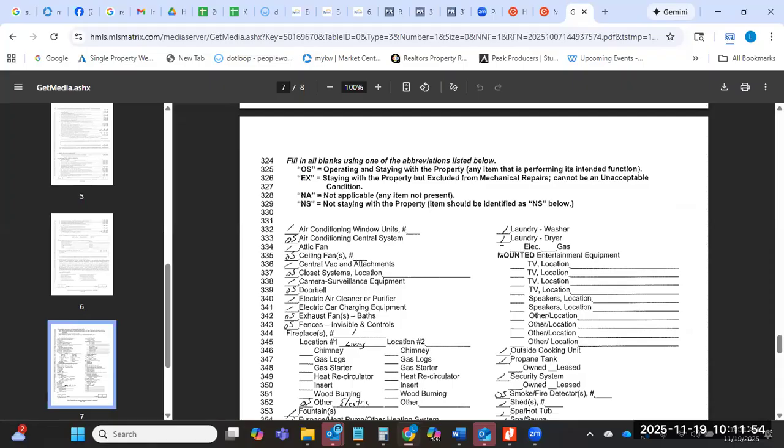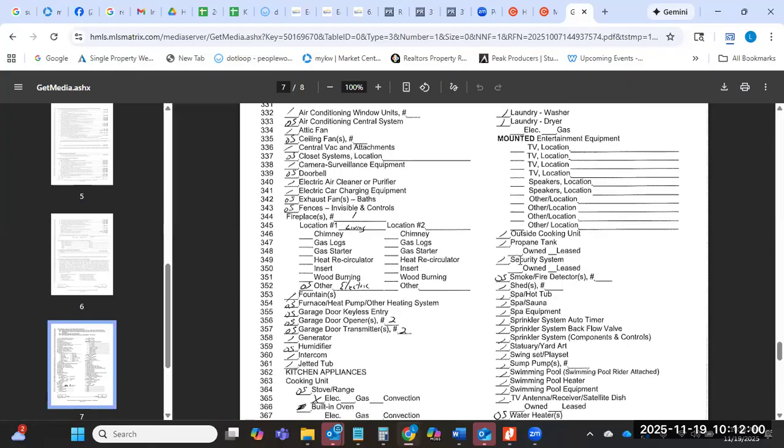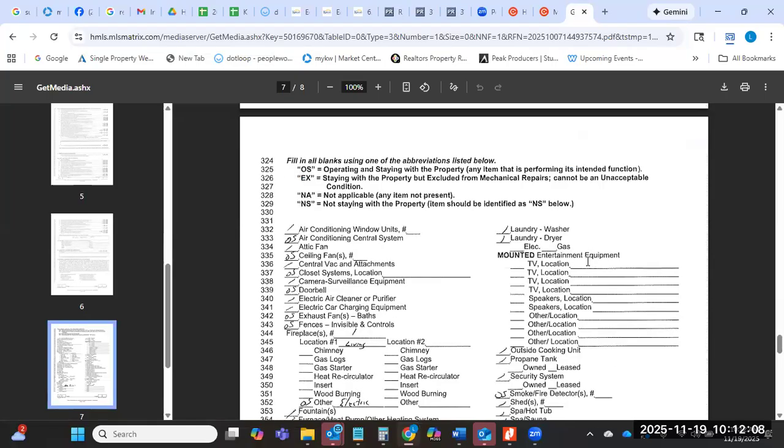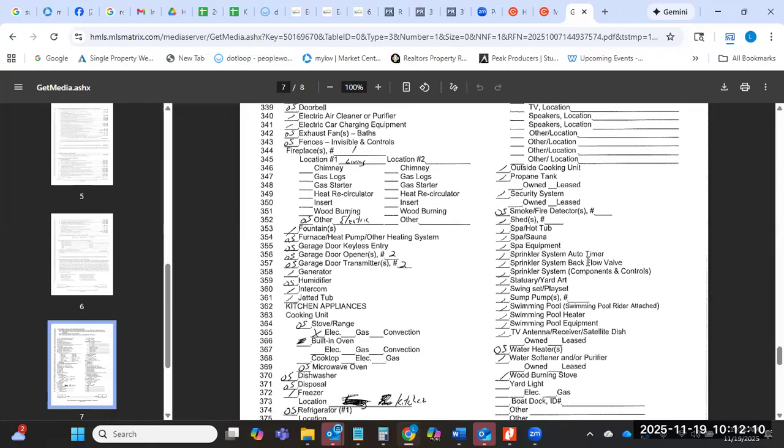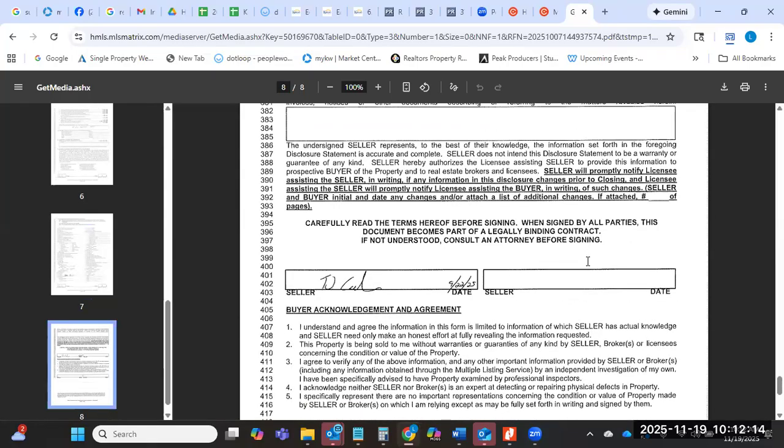I didn't go to this property, so I doubt there's a washer dryer, but if they put a dash there, we're assuming they mean it's not there. They're really supposed to put NA, OS, EX, or NS beside everything, but we can kind of figure out what they're talking about.